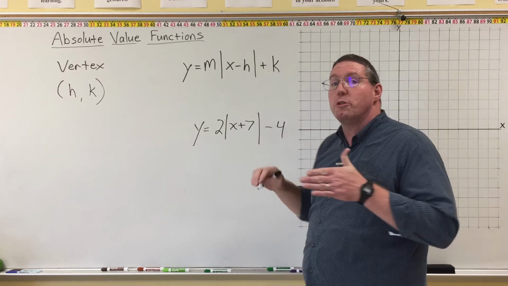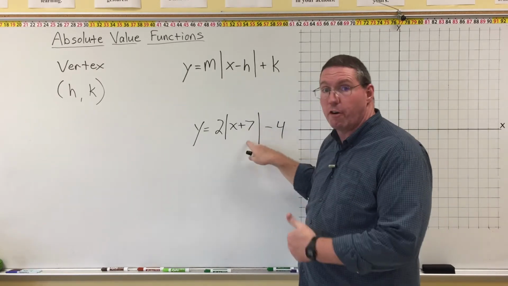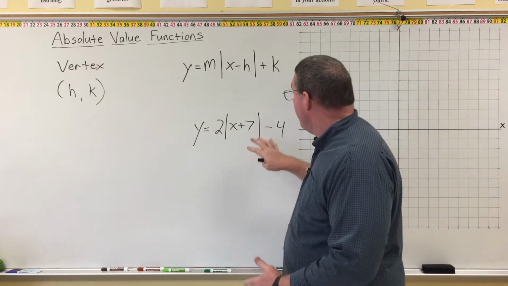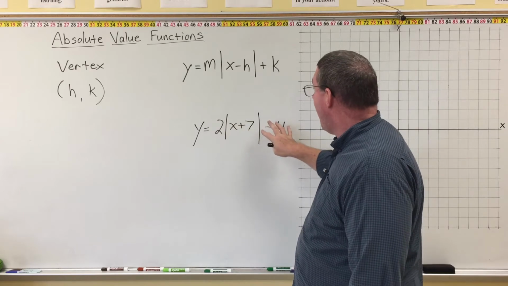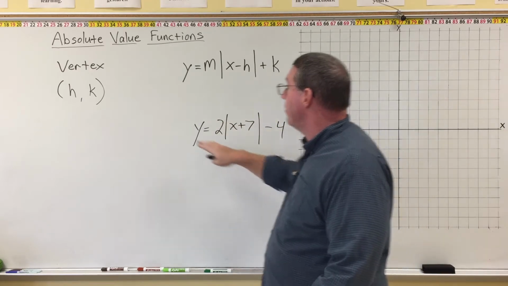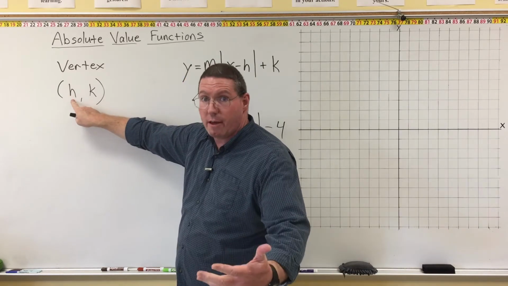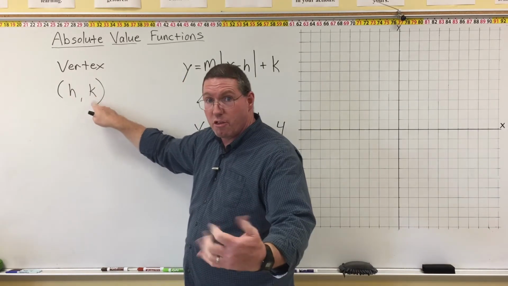That means that you're going to have to go with the negative versions of those numbers. Okay, so if this is your absolute value function and we want to identify the vertex, well, the vertex is at the point h, that's the x coordinate, comma k, that's the y coordinate.